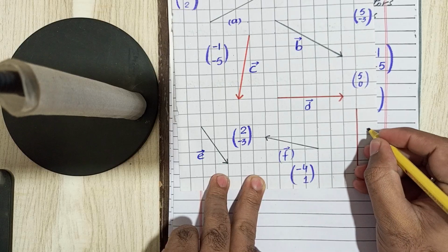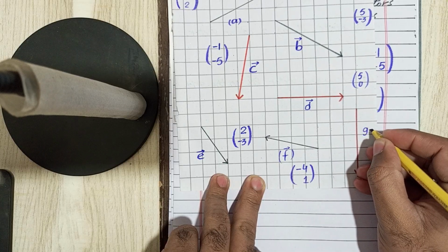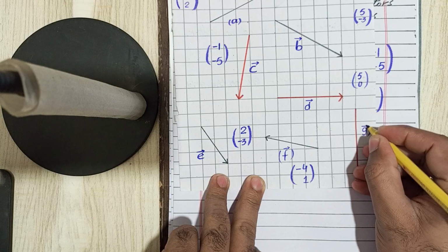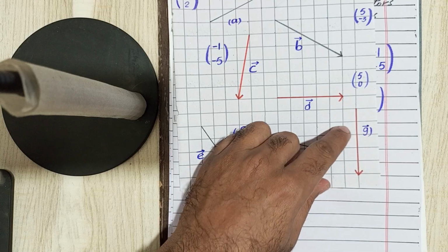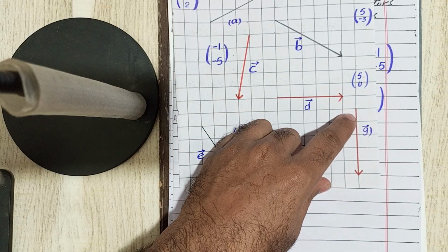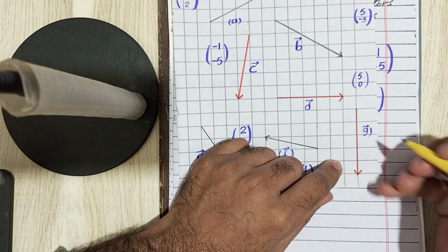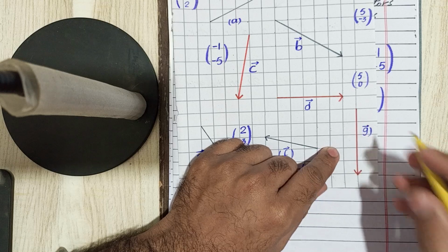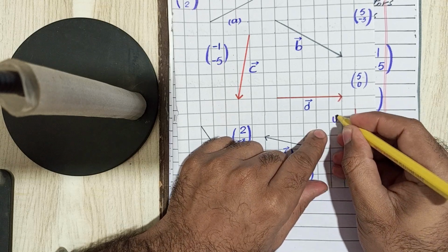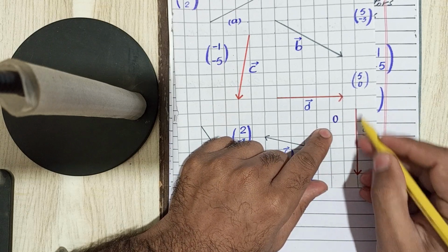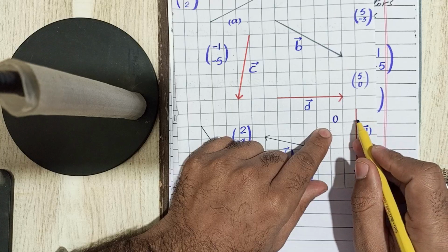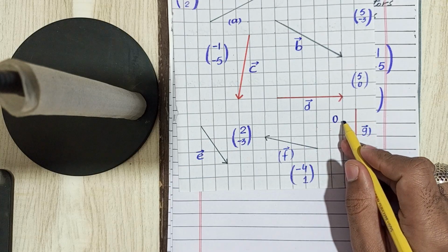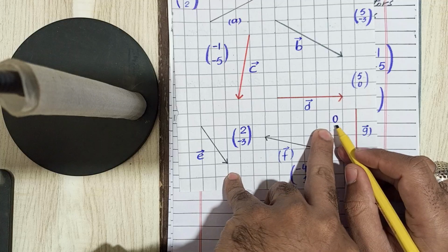Now we have another vector, vector g. In vector g, this vector doesn't move from left to right, so it means we have 0. This vector doesn't move left or right, so its x-axis value is 0.